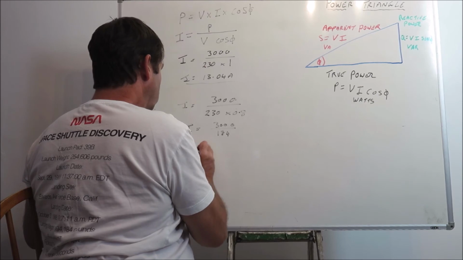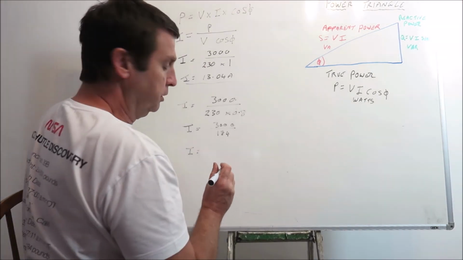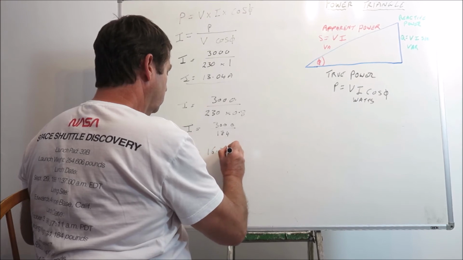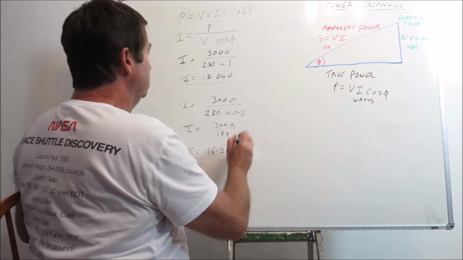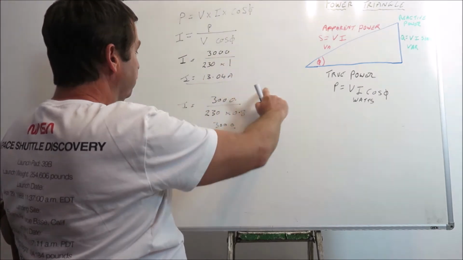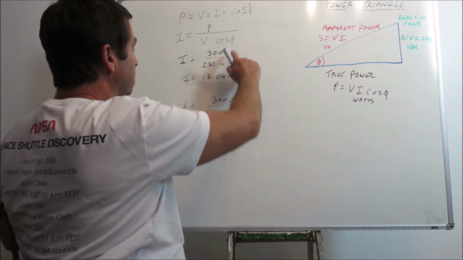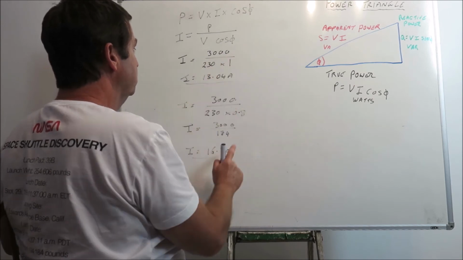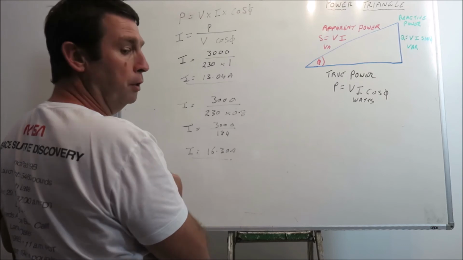So that will give me a current of 16.30 amps. So we can see already that with the change in the power factor, for the same power, 3 kilowatts, the current has gone up from 13.04 to 16.30.